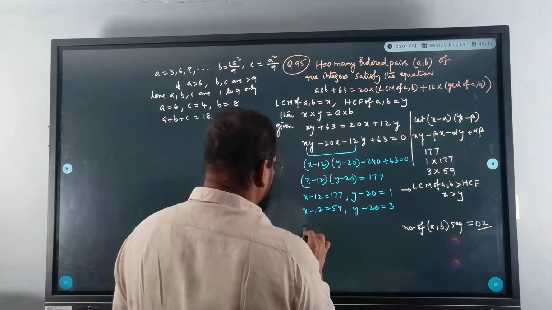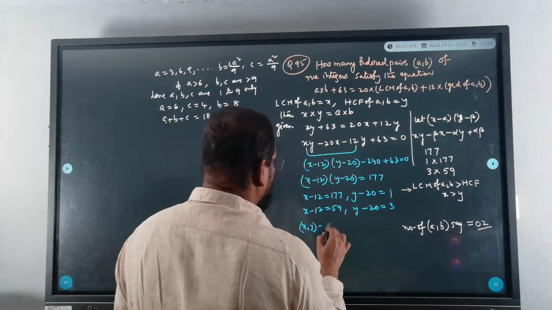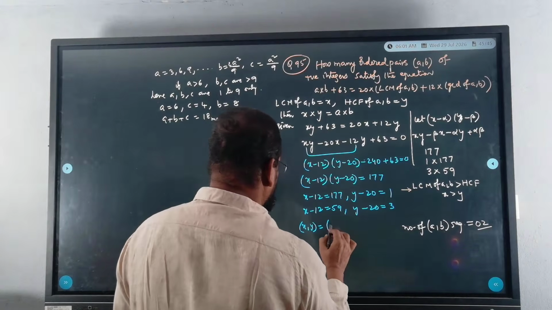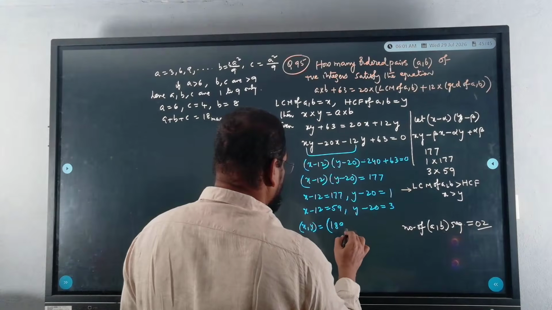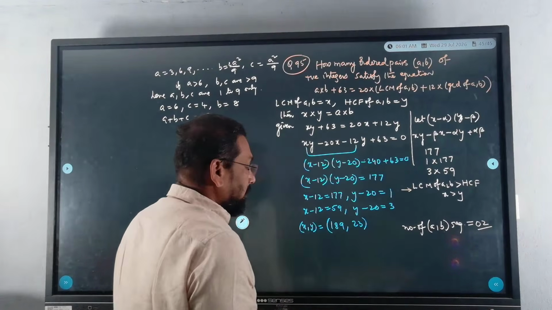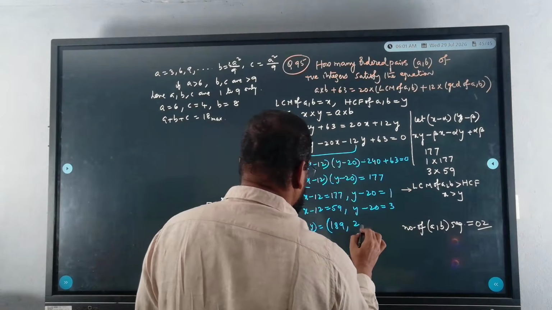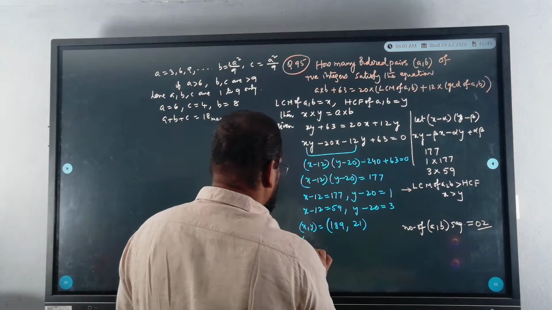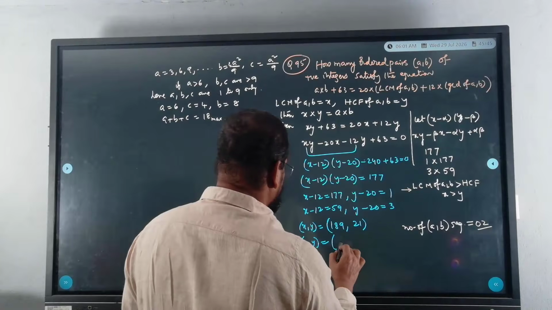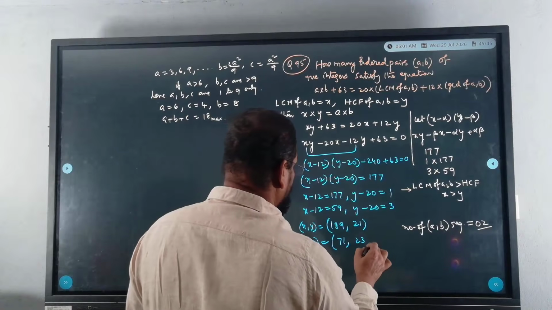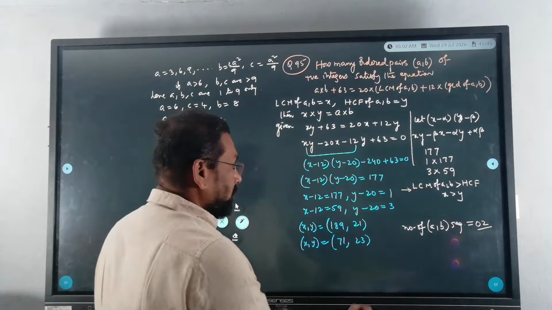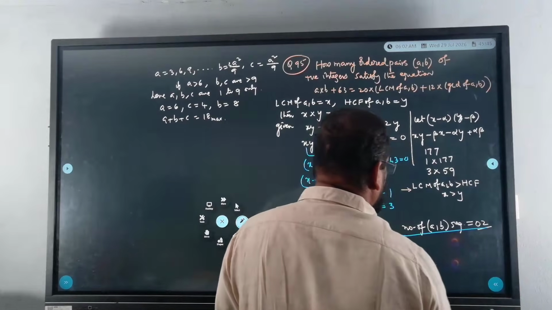So now the possible pairs for x comma y are 189 comma 23, 189 comma 21, and in this case 71 comma 23. So number of A, B required is 2.